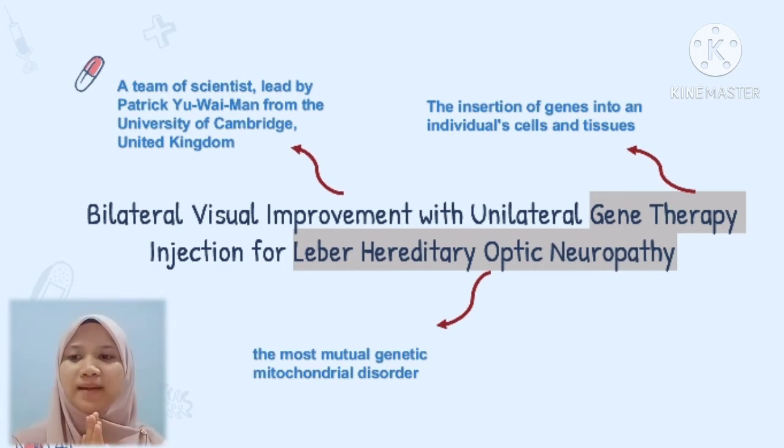Briefly, gene therapy is the insertion of genes into individual cells and tissues, while LHON, or Leber hereditary optic neuropathy, is known as the most common genetic mitochondrial disorder.